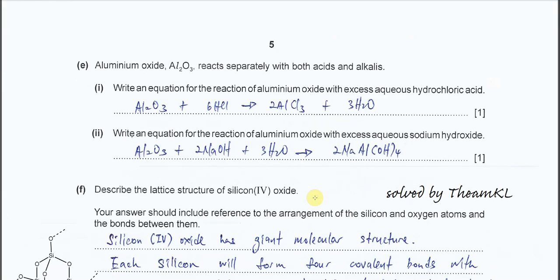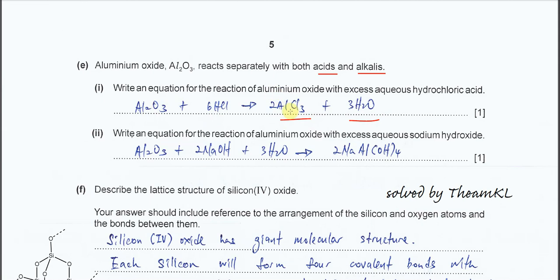Part E. Aluminum oxide reacts separately with both acid and alkali. These two equations must be remembered, and they are very common. Aluminum oxide with HCl is just like normal neutralization, so it will form salt and water.